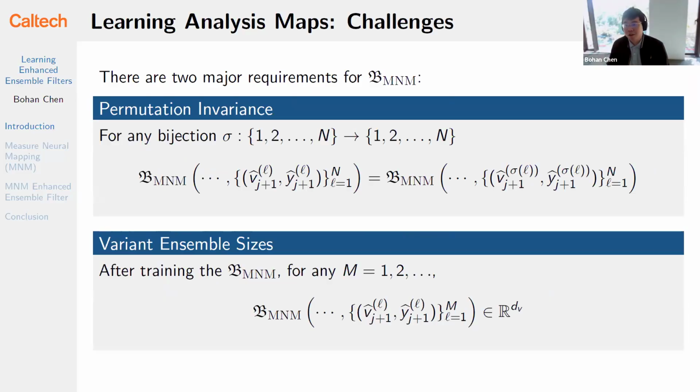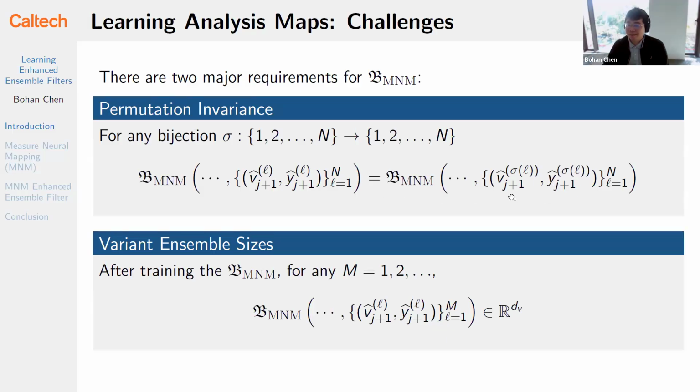There are two major requirements for such a design. We call it the measure neural mapping, MNM. The first requirement is that we want it to be permutation invariant. That is, for any bijection, that is, permutation sigma, if we permute this ensemble according to this bijection, the output should be the same. We don't want this permutation to influence the output.